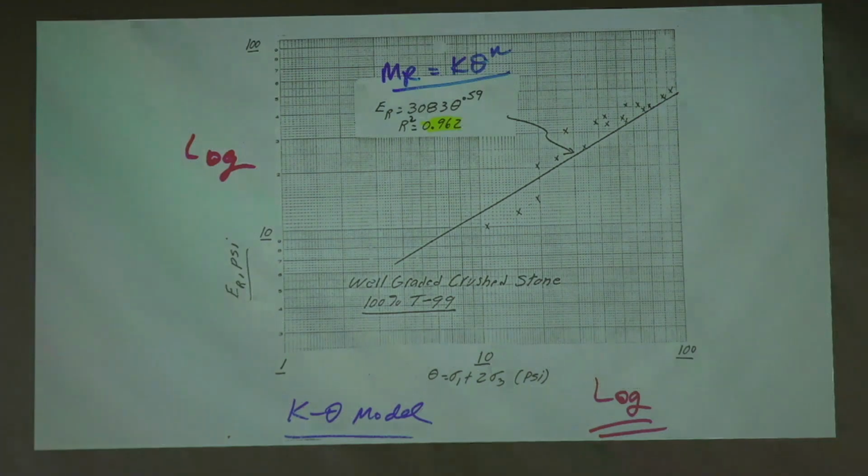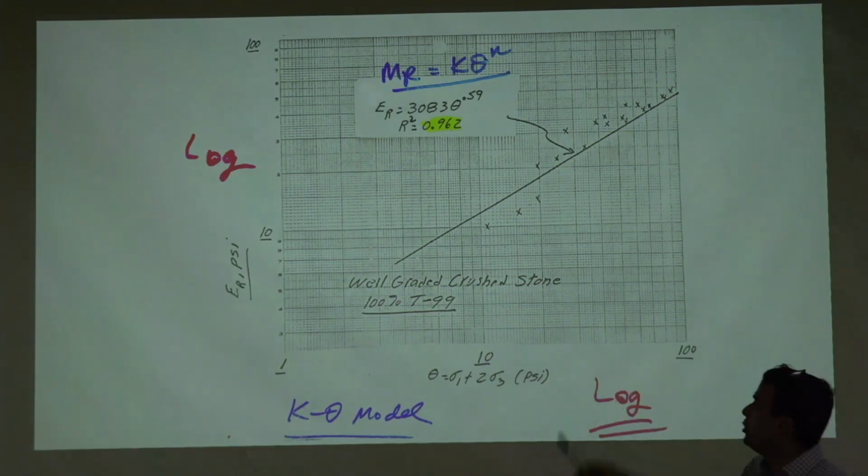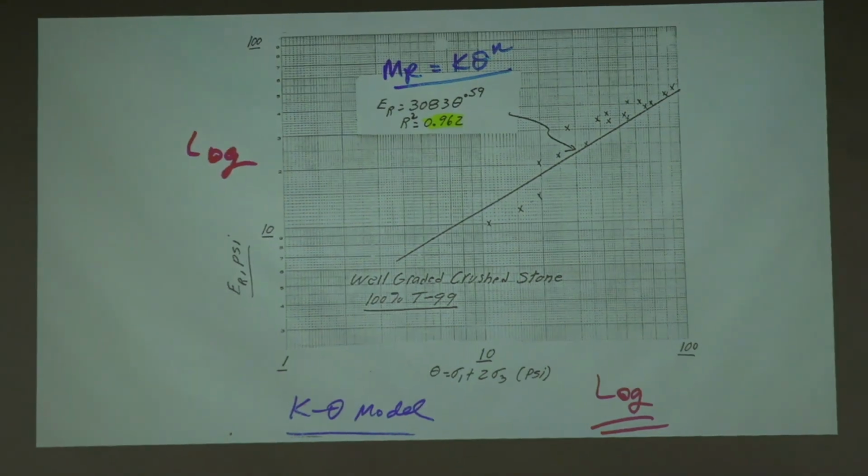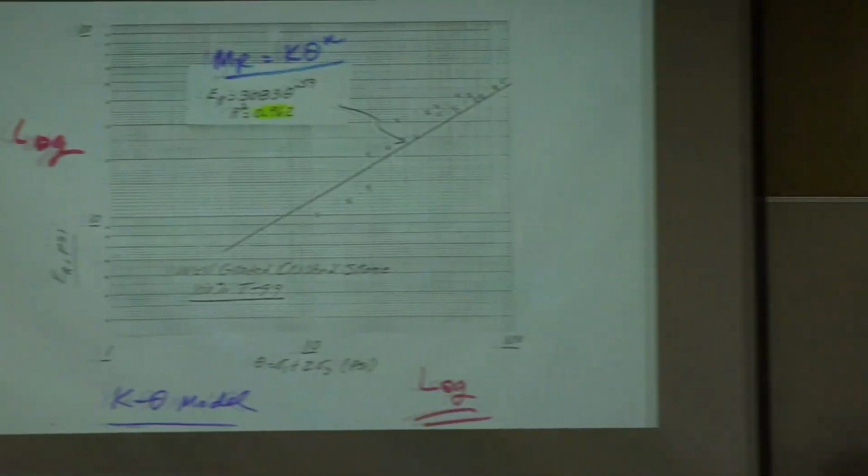The model is in log scale, so that's why it's a straight line. It's the same thing, K theta to the power n. Here is my question, folks. Theta is sigma d plus 3 sigma 3.